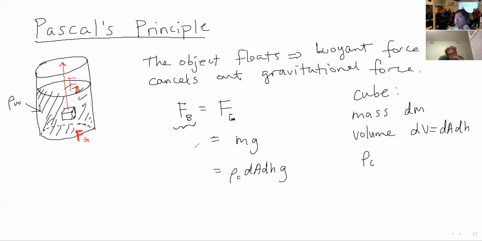Well, the buoyant force should be caused by the difference in pressure at the two heights at which the cube lies, right? Because the pressure at the top is a downwards pressure of some P0 plus rho of the water times g times h. But then at the bottom of the cube, there's going to be some other pressure.